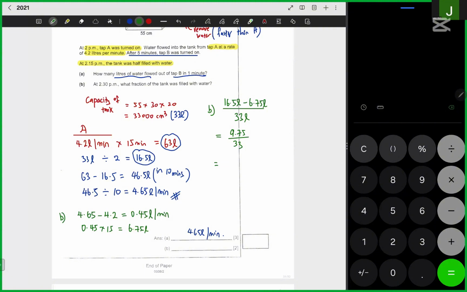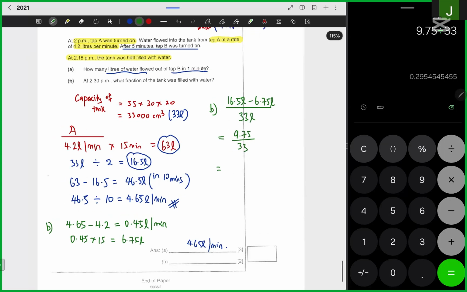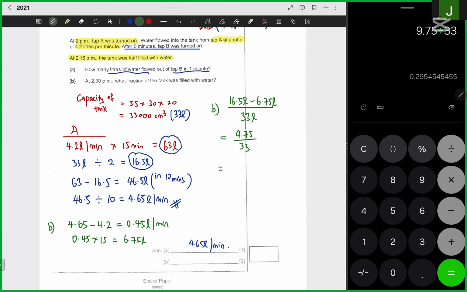Cannot. What is this fraction? Wait, let me grab my calculator. Okay, so answer is 13 out of 44.